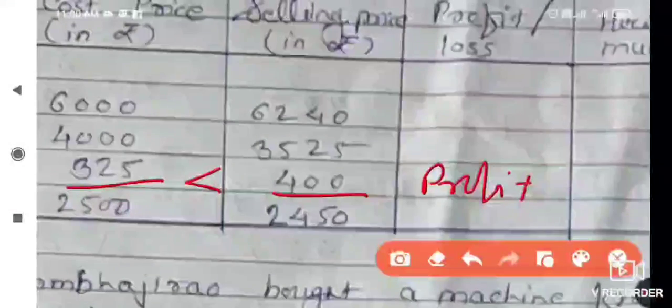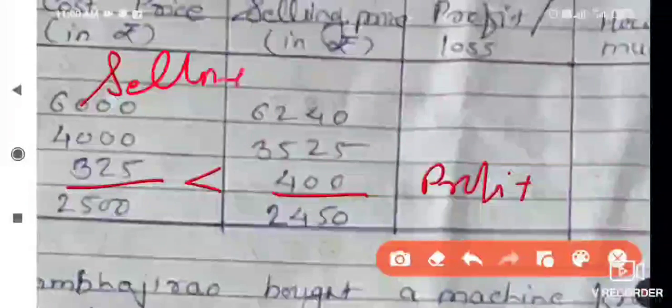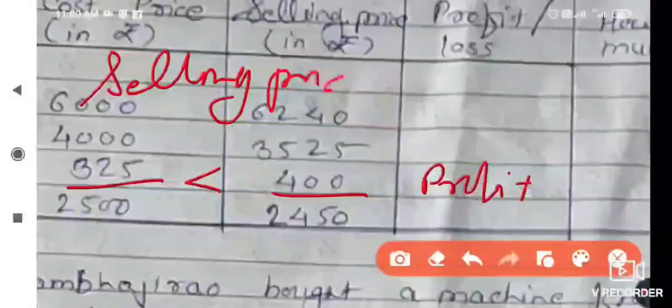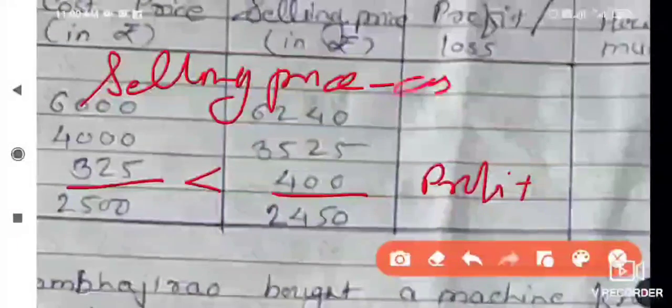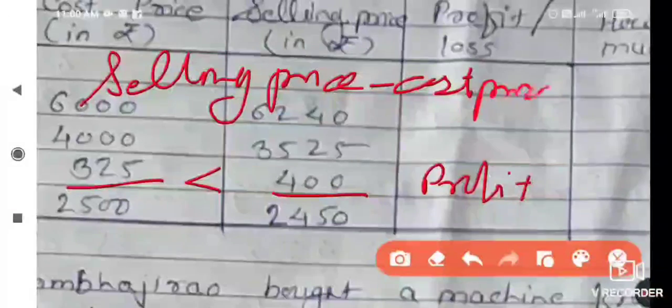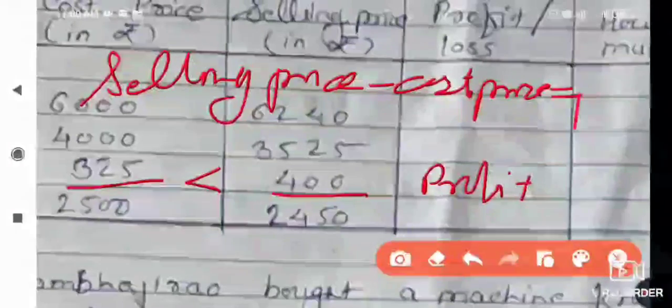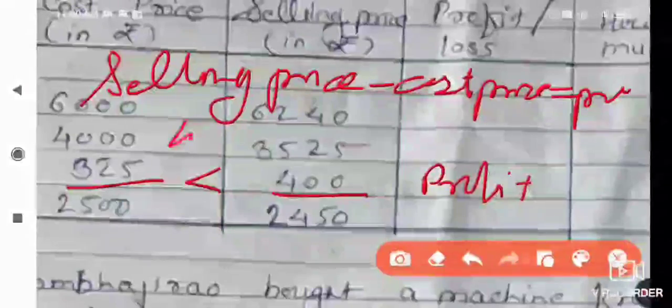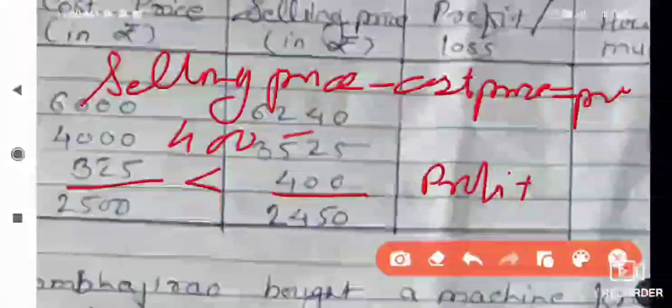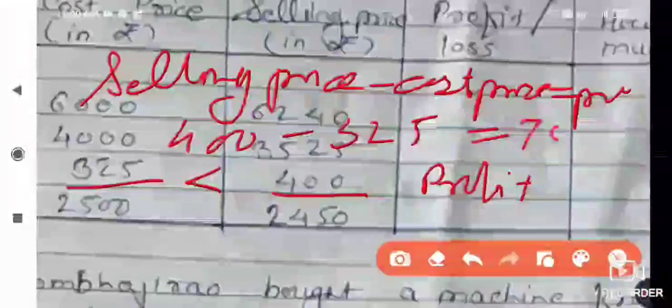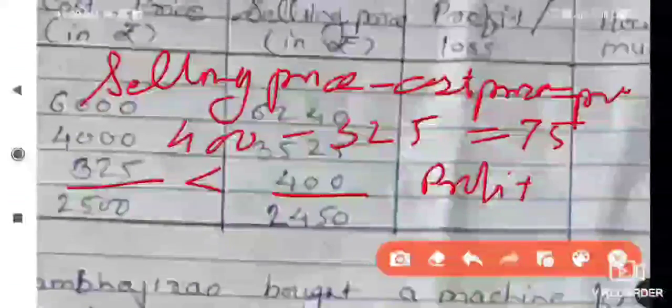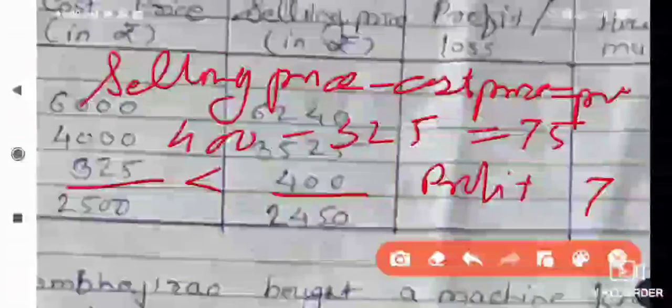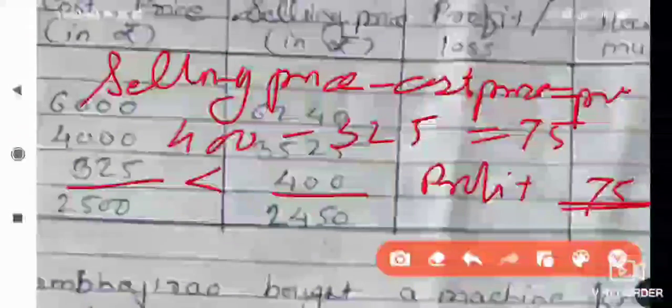Selling price minus cost price is equal to profit. So if you put in the values, 400 minus 325, you will get 75 rupees as the profit. So you have to write 75 in this column.